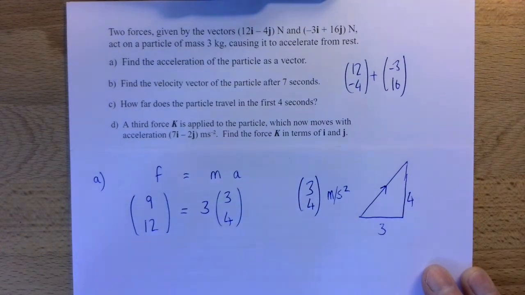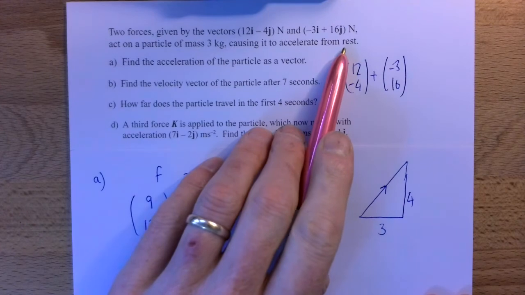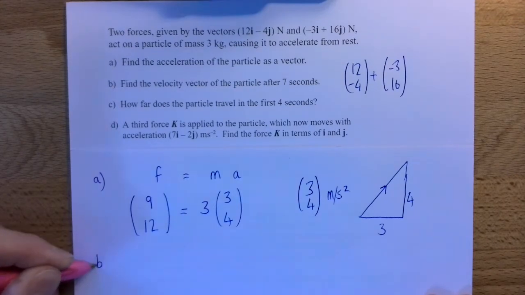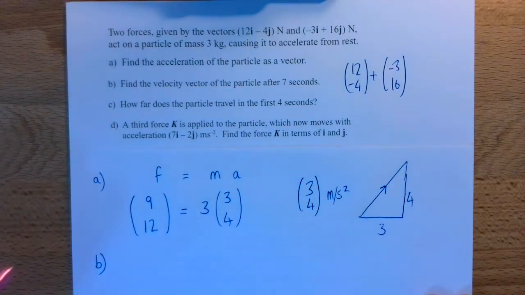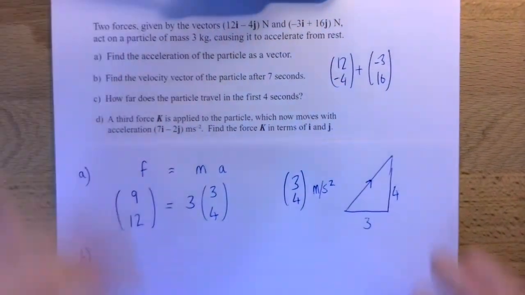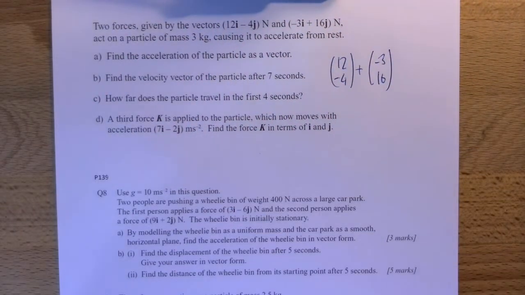Okay, so let's now look at part B, the velocity of the particle after 7 seconds. Let's have a quick check of the question. It accelerates from rest, so we know that u is 0. So I'm going to set up my SUVAT here. I'm going to have to move down, so I'll just fold that over.